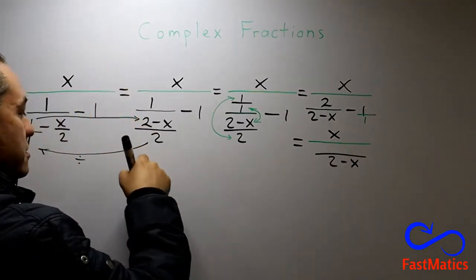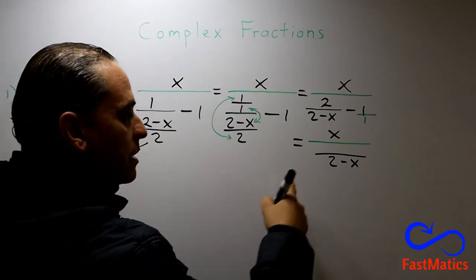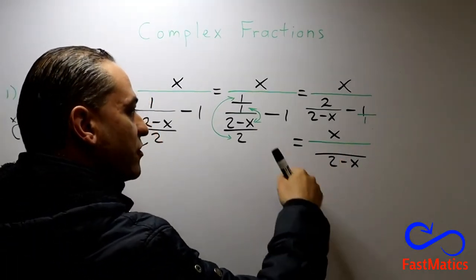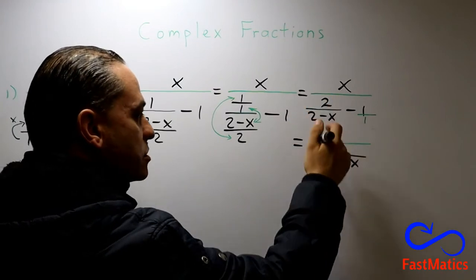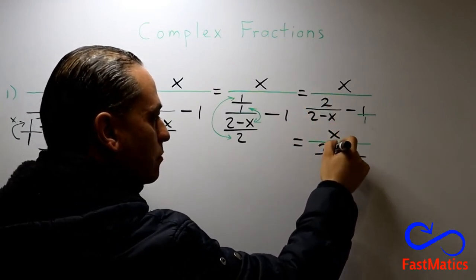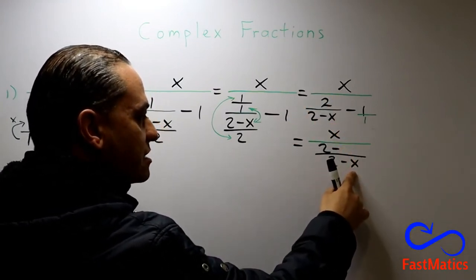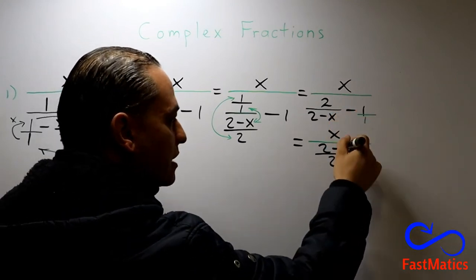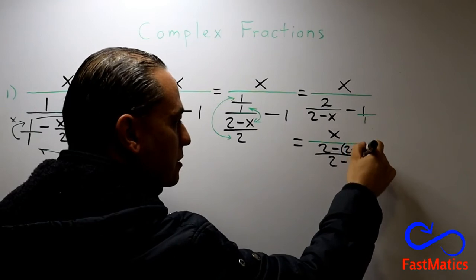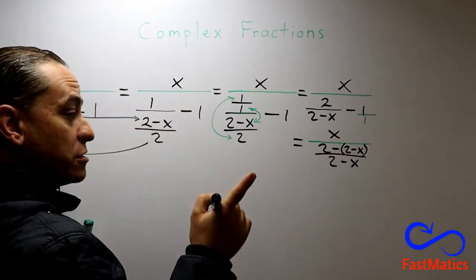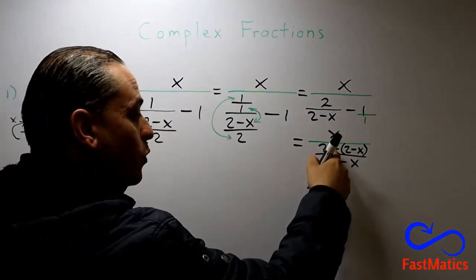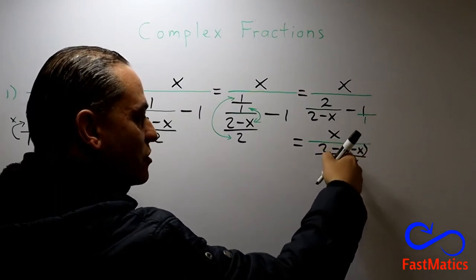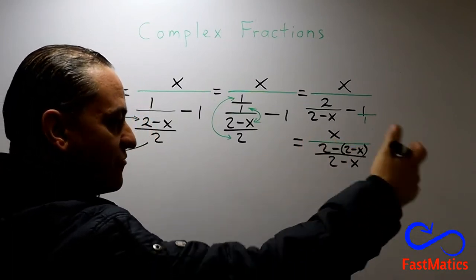And we do the same as we did here. 2 minus x divided by 2 minus x, 1, times 2, 2 minus. 2 minus x divided by 1, 2 minus x, times negative 1 is 2 minus x. Pay attention, because this negative sign will change the signs of everything after.